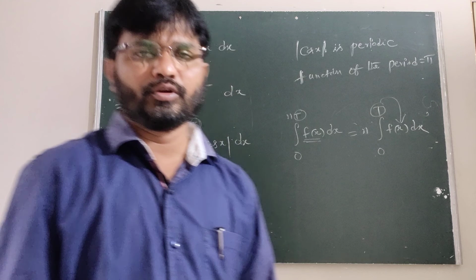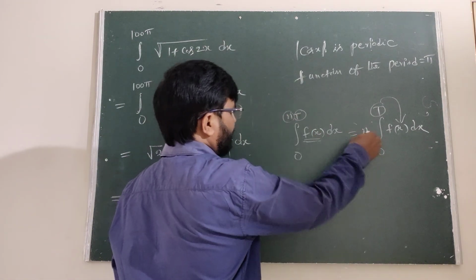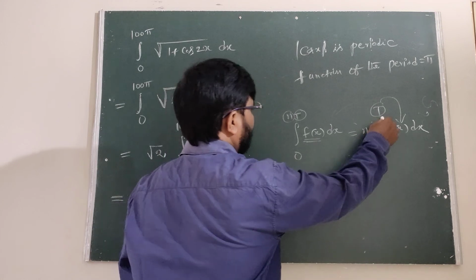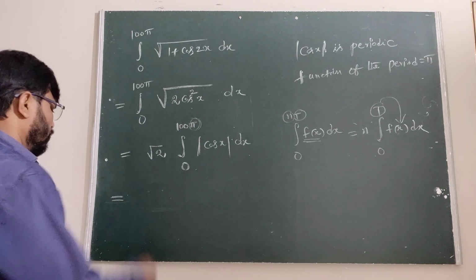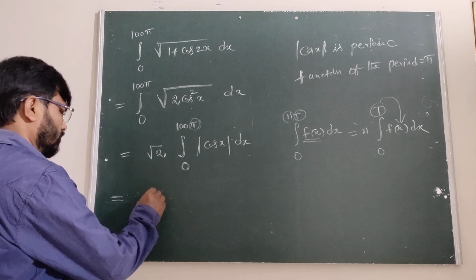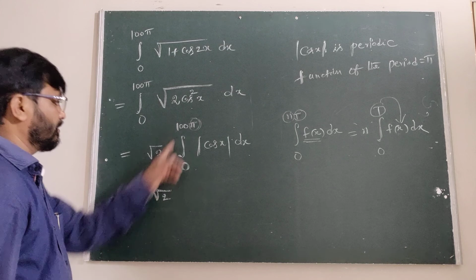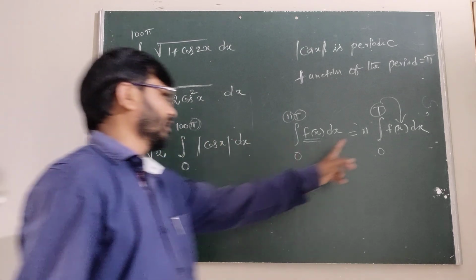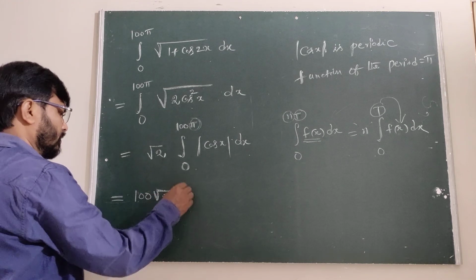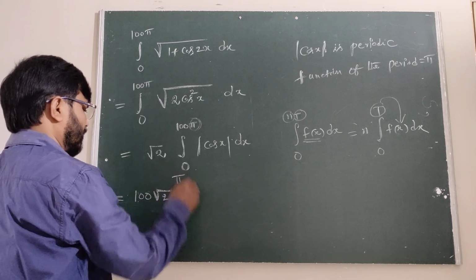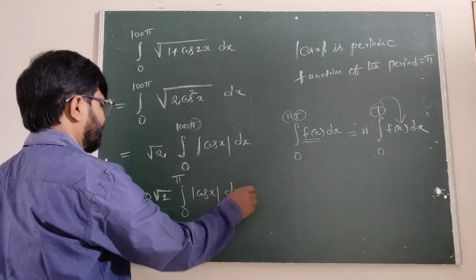Here n is a natural number, so you can write it at the beginning of the integral. From this, 100 is n. Therefore we get 100 times root 2 times the integral from 0 to π of the modulus of cos x dx. Is it clear?